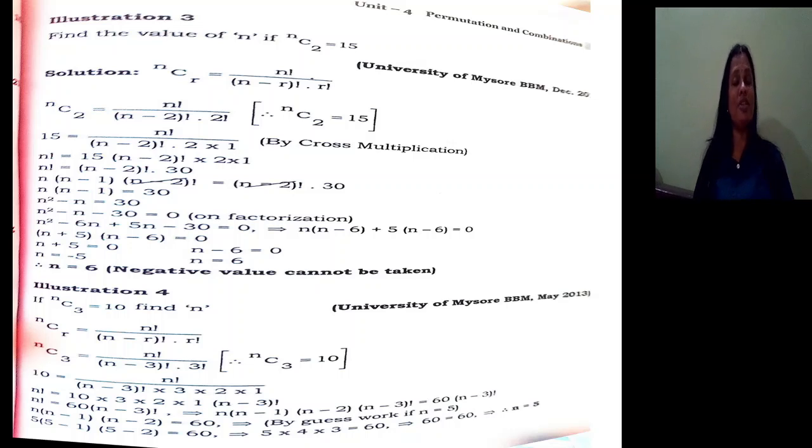Same type of problem we solve, particularly under permutation. So illustration 4: nC3 is 10, find n. In the same way, n we don't know, nC3 is equal to n factorial divided by (n minus 3) factorial into 3 factorial, which is equal to 10. So when we cross multiply, n factorial is equal to 10 into 3 into 2 into 1 into (n minus 3) factorial. n factorial is equal to 60 into (n minus 3) factorial.